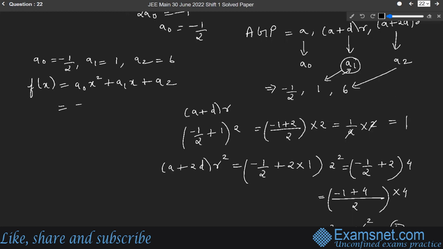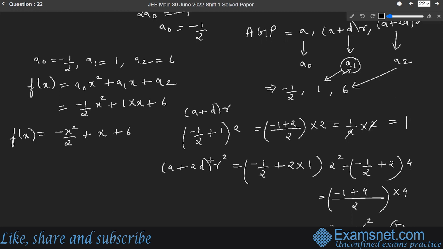What is a0? Minus 1 by 2 into x square, plus, what is a1? 1, so 1 into x, plus a2. a2 is 6. So it will be minus x square upon 2, plus 1 into x is x, plus 6. This is the value of f of x. We have calculated the actual value of f of x.